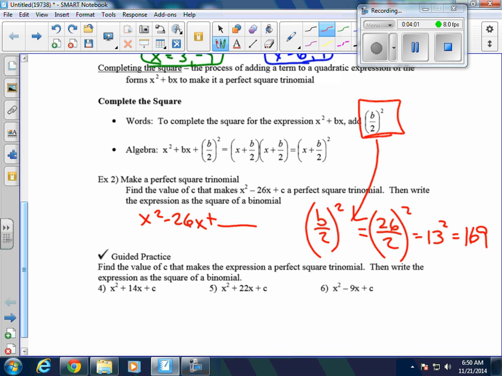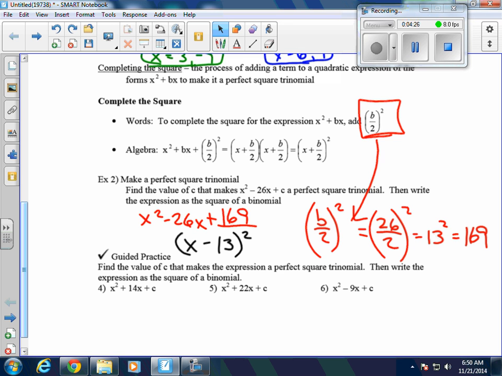So we're going to add 169 to both sides. Now what this does is it makes this a perfect square trinomial. If we would factor this, the square root of x squared is x, and the square root of 169 is 13. They're both negative. And so that is what we would have as a perfect square trinomial.